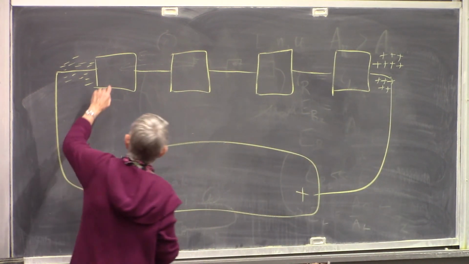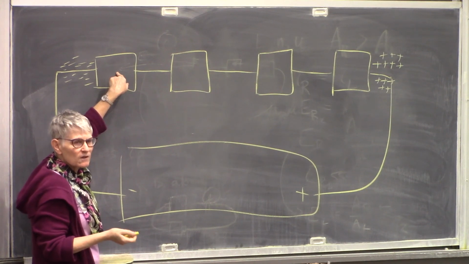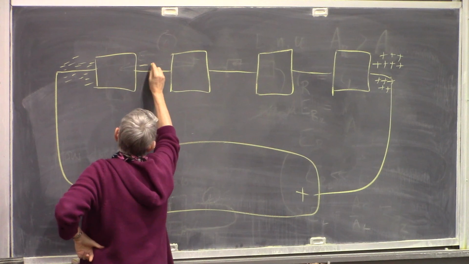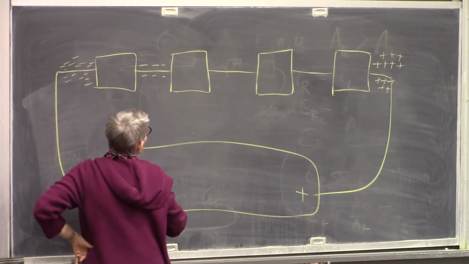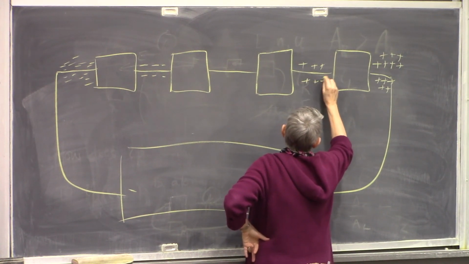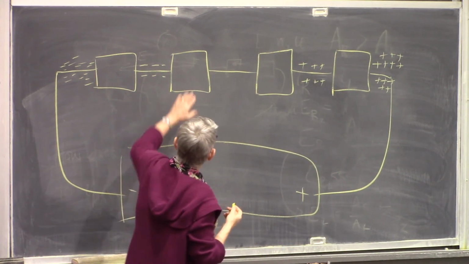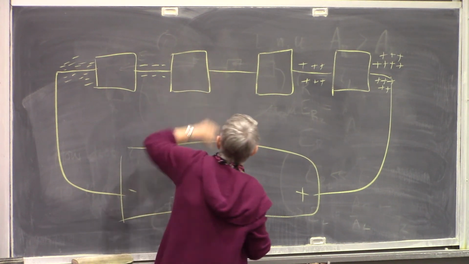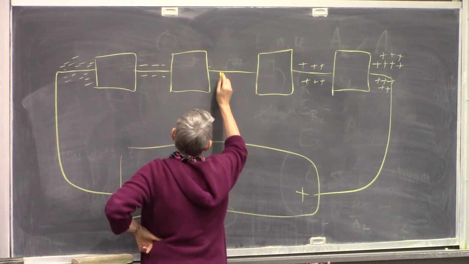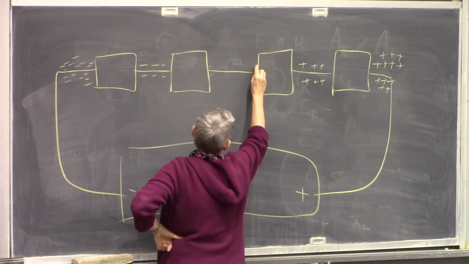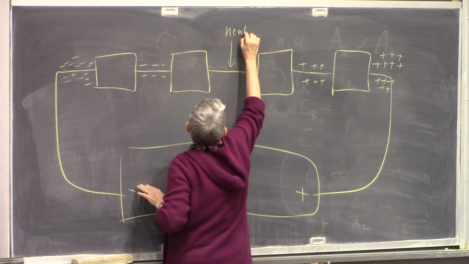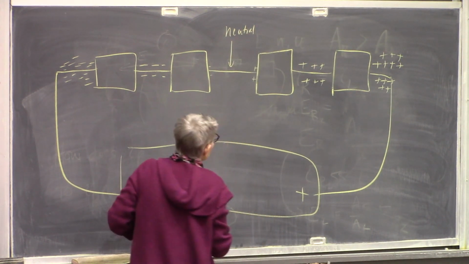And then we need a gradient of charge to make this electric field that we need. So we're going to end up with some negative charge here, but not as much, and some positive charge here, but not as much. And then we still need a gradient across here, and it could be going to 0, or it could be a teeny amount of negative charge here and a teeny amount of positive charge here, but it should be neutral right here.